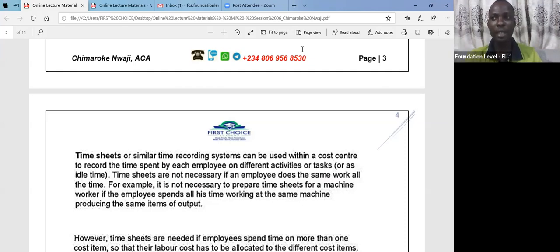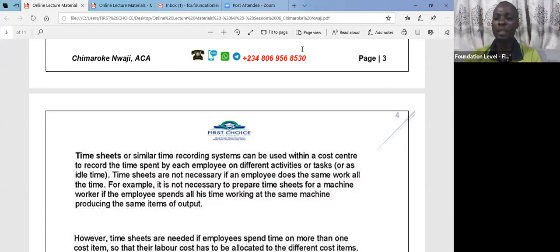Now, task A is supposed to give you a different wage rate, because just one individual can be doing work in different departments. And so you use your timesheets to record how many hours you spend doing task 1. Then you move to task 2.